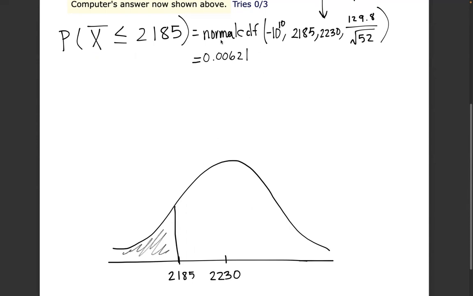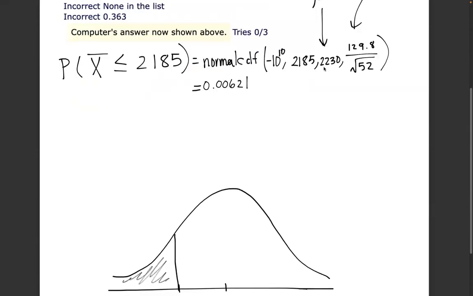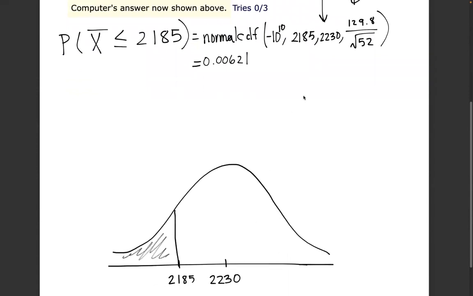So we would do normal CDF, and our lower bound is going to be negative infinity. In other words, negative 10 to the 10, all the way out here. And then we'll move to the right, and our upper bound will be 2,185. And then our mean is 2,230.